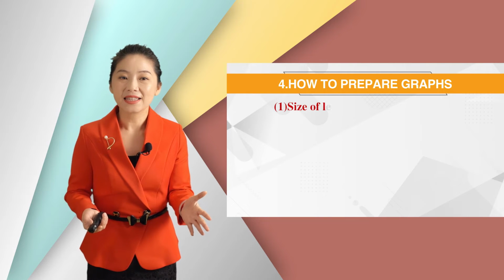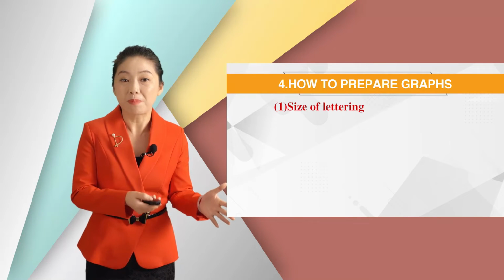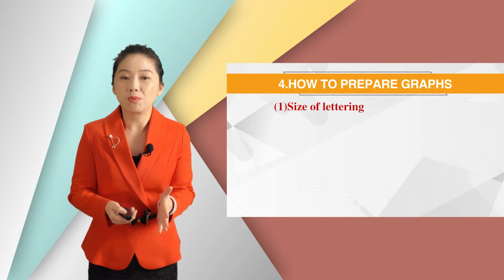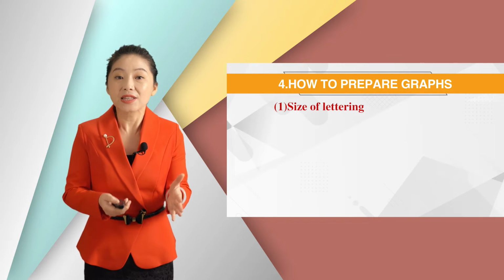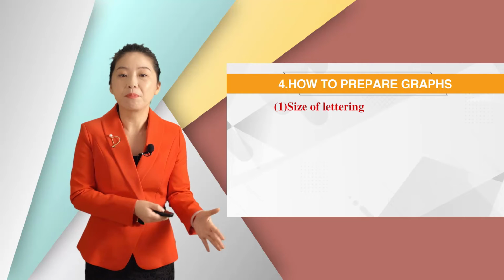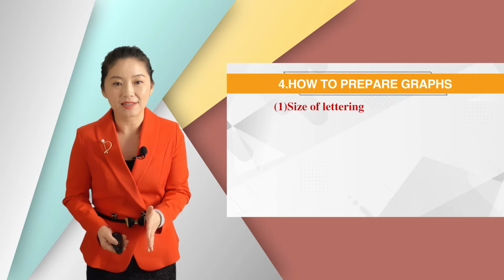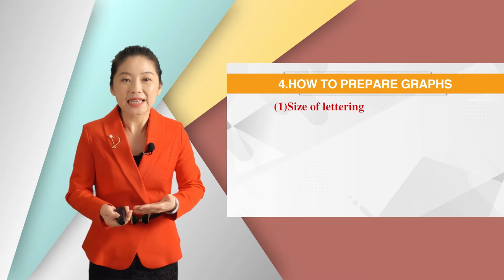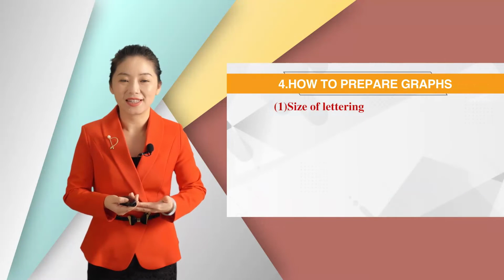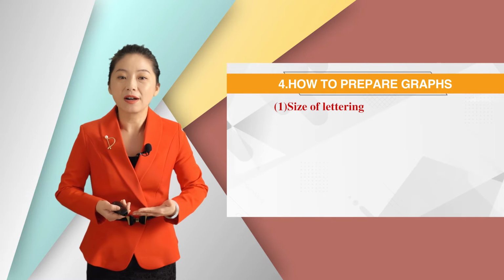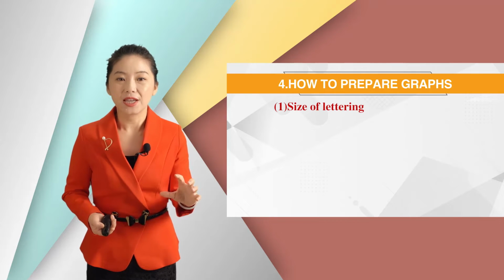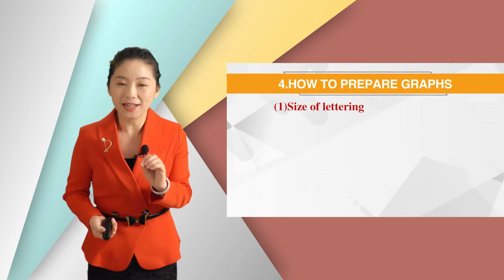The size of the lettering must be based on the anticipated reduction that will occur in the publishing process. This factor can be especially important if you are combining two or more graphs into a single illustration.